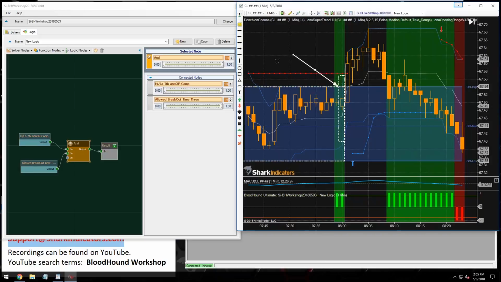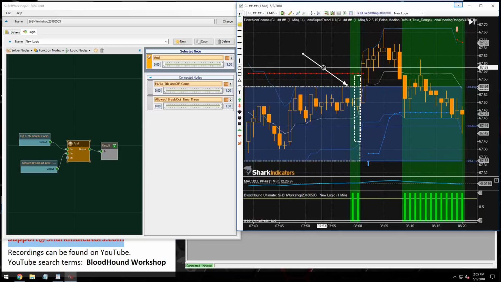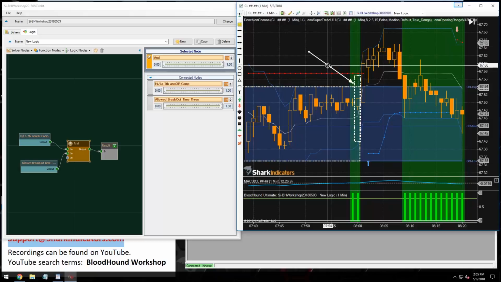So we can see we have 2 bars here during the open range period, during the generation period of the open range. So BlackBird will see this long signal, and then it can place a long stop entry before the breakout period occurs.